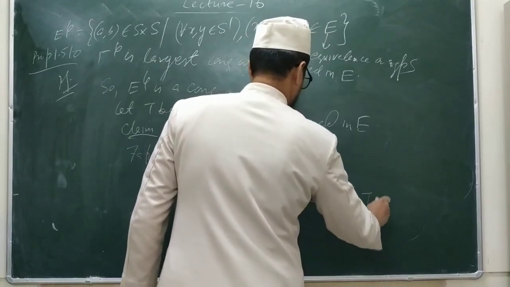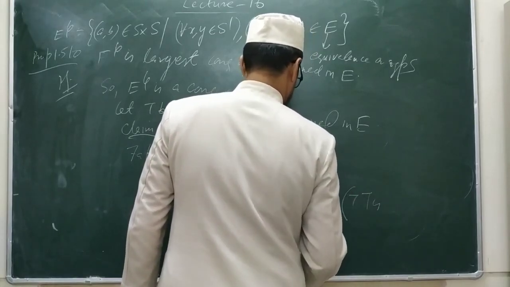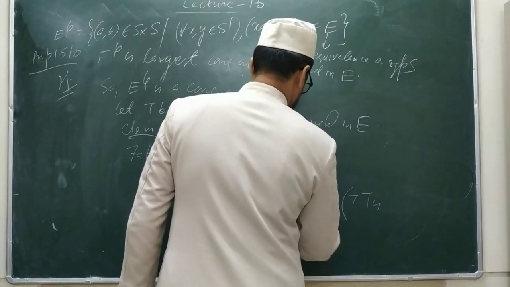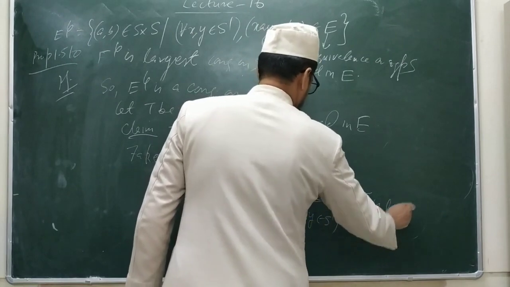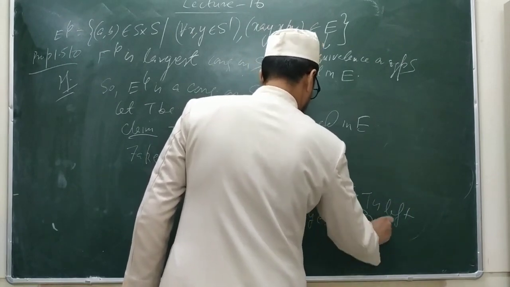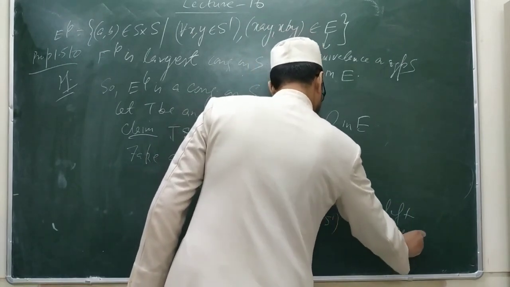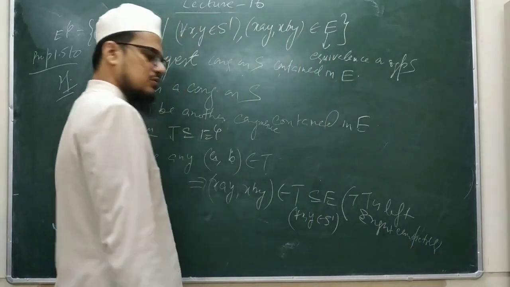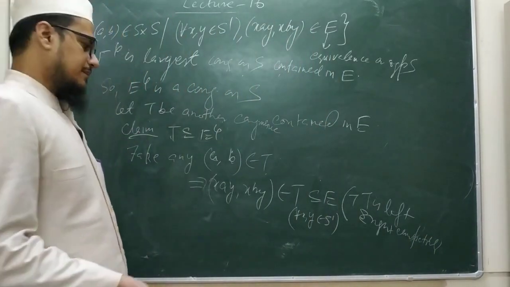Since this is for every X, Y belonging to S1, since T is left and right compatible, because T is a congruence, so T is compatible, left compatible, right compatible.